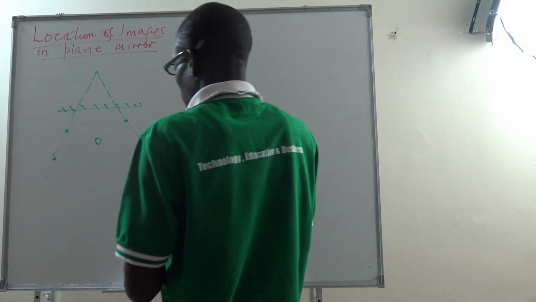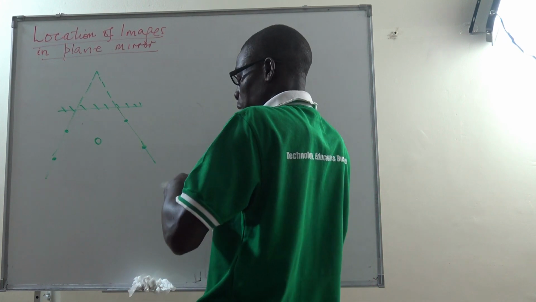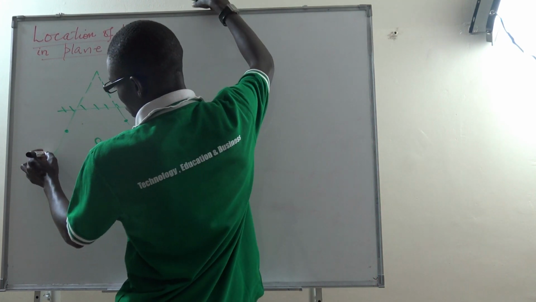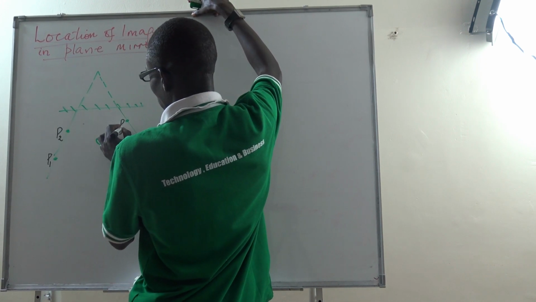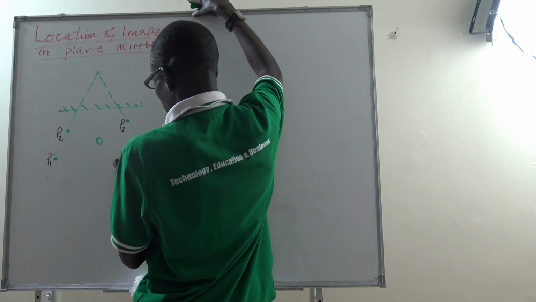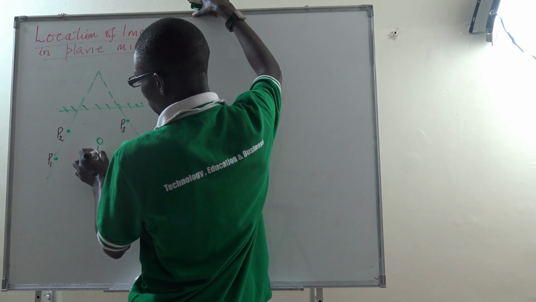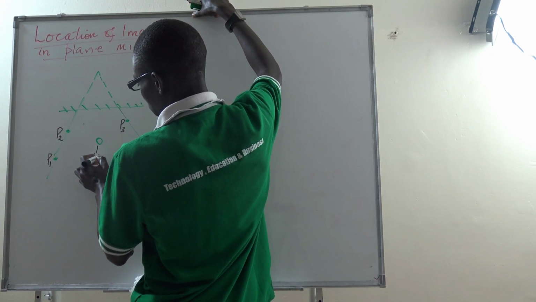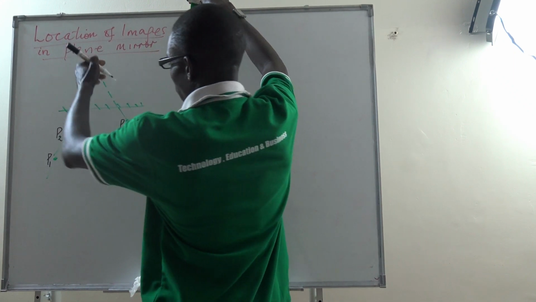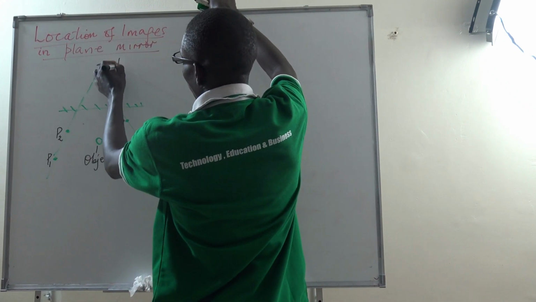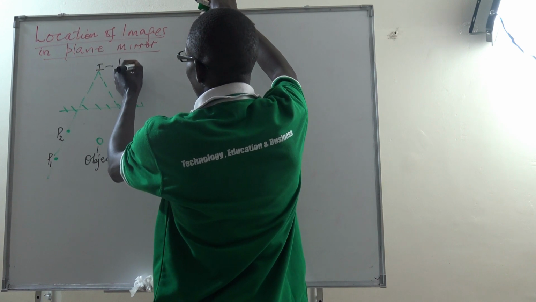I can now call these P1 and P2, and then I call these P3 and P4. This will be my object. And this one here, where the two rays meet, is what we're calling my image.